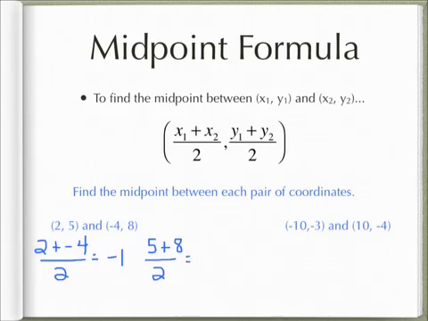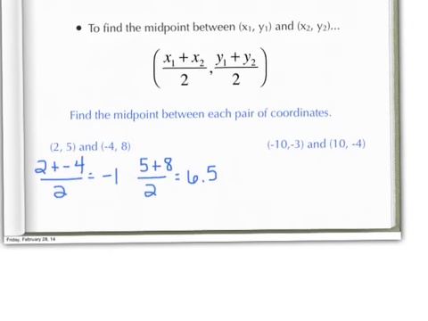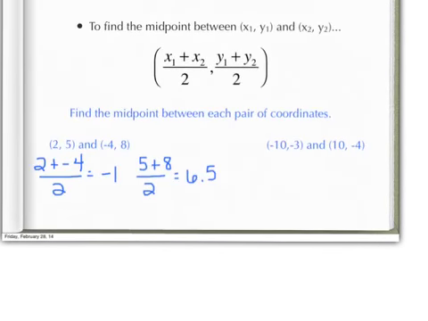That's 13 divided by 2, which is 6.5. So then to write my answer, I'm just going to take those two numbers and put them back in a coordinate: negative 1, comma, 6.5. Easy, right? Okay, let's try the next one.